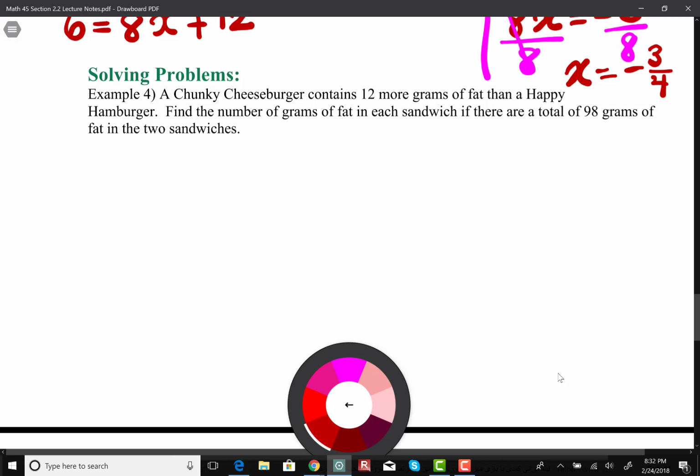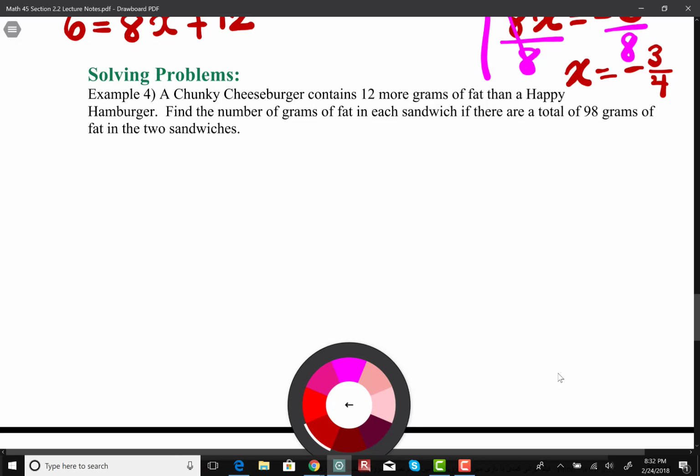So we have two different kinds of hamburger. One of them is chunky cheeseburger. The other one is happy burger. For chunky cheeseburger, and for happy hamburger, they have given us some information about how much fat they have, but not the exact value.